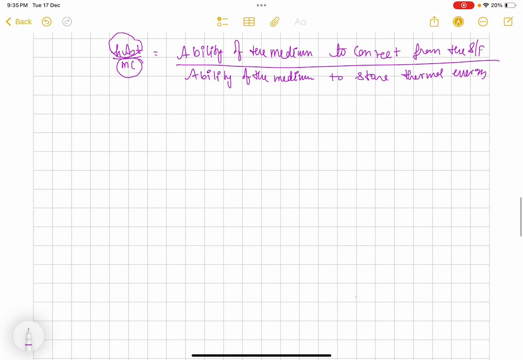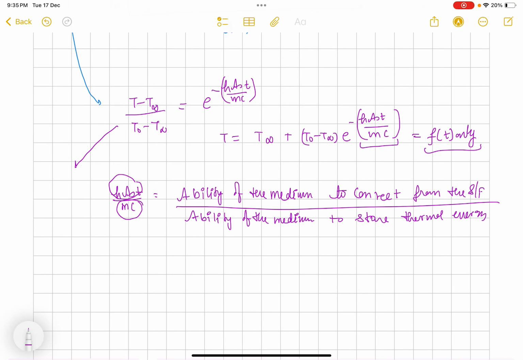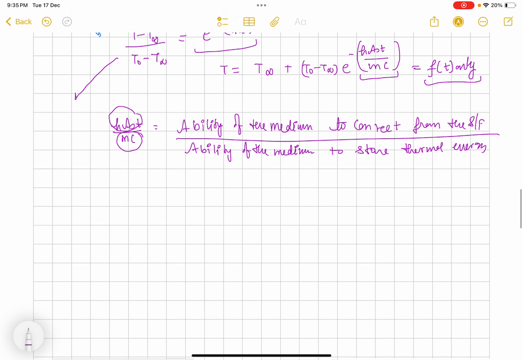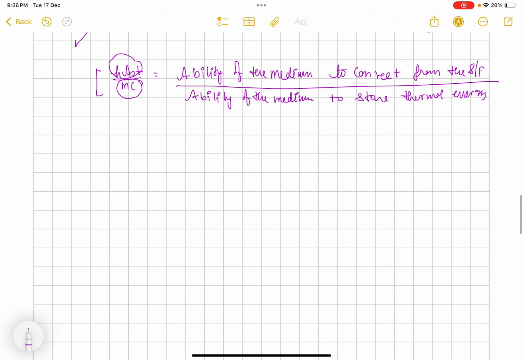And one more thing, this ratio is non-dimensional. All right. So it means the right hand side must also be non-dimensional. This is possible when this term is non-dimensional. It means mc divided by hAs must have the unit of time.